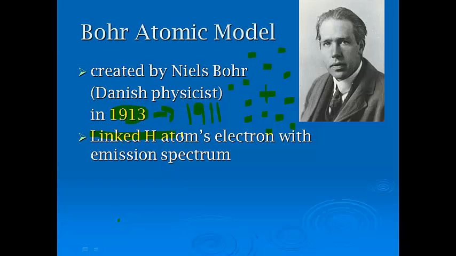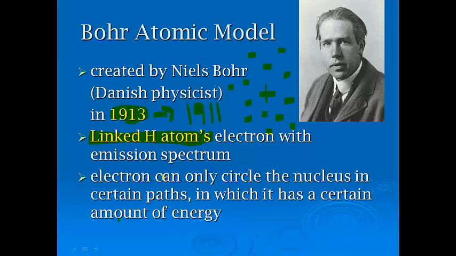What Bohr did is he linked the hydrogen atom's electron with its emission spectrum. He said that the electron can only circle the nucleus in certain paths, which each have a certain amount of energy. That's why the Bohr atomic model is also referred to as the planetary model, because it was a very easy model for people to understand.